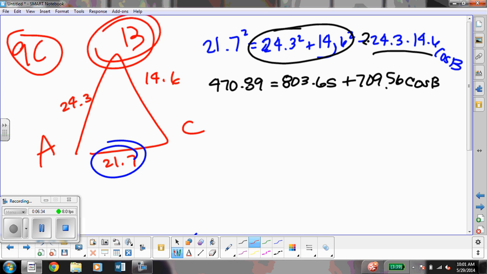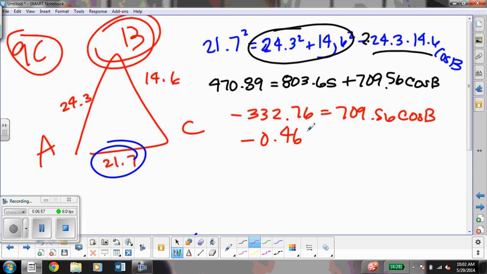So then I'll subtract 470.89 minus 803.65 to get negative 332.76. Then I'll divide both sides by 709.56, and I get negative 0.468.